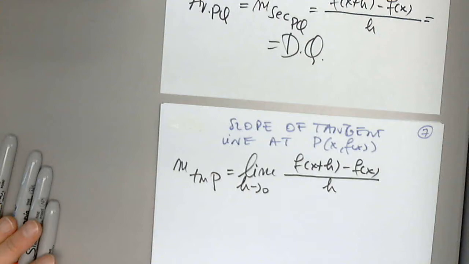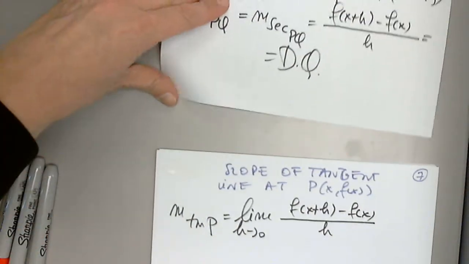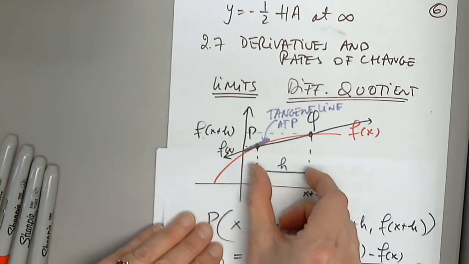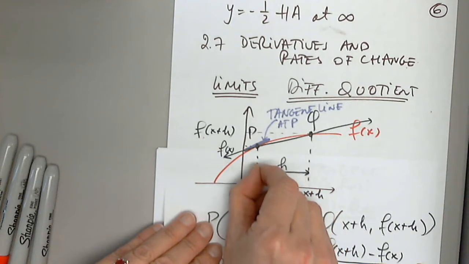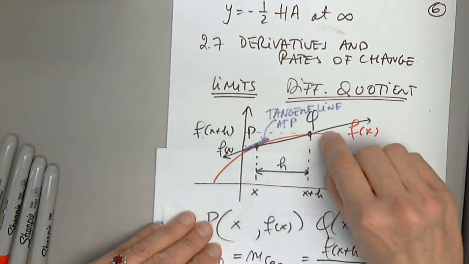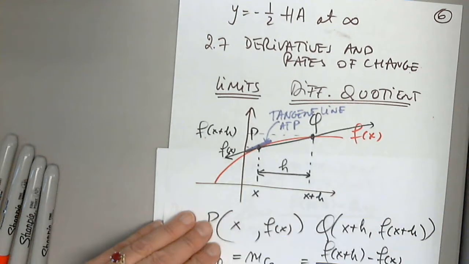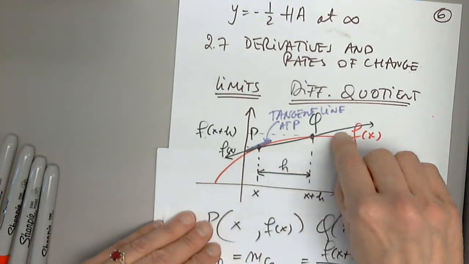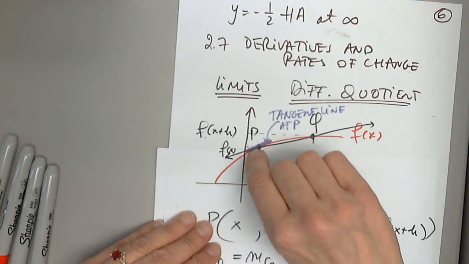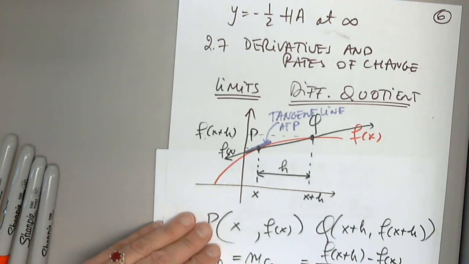Do we understand this? As h gets closer and closer to 0, the secant line gets closer and closer to the tangent line. Therefore, the slope of the secant line gets closer and closer to the slope of the tangent line.